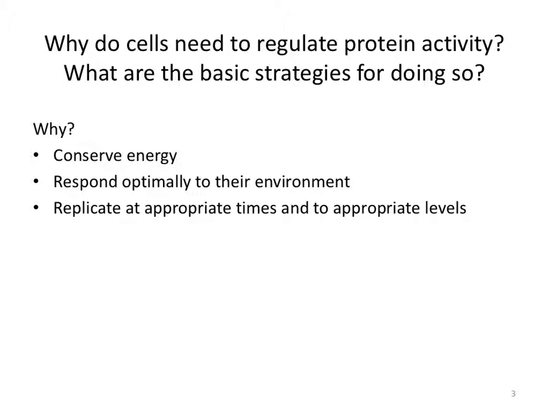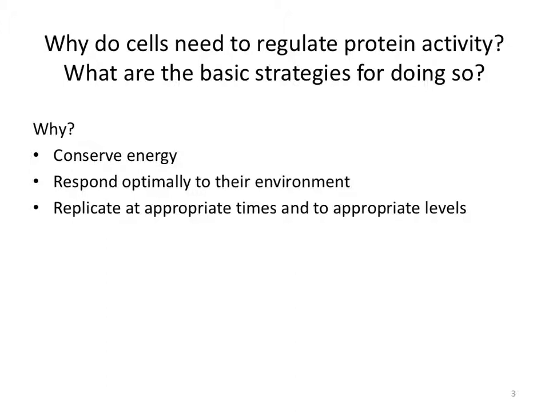The level of activity of enzymes must be carefully regulated, or metabolism will not occur productively, the cell will waste energy, and it will lose the ability to respond appropriately to the environment, including the ability to divide and replicate at the right time and to the right level. This will then compromise the overall survival of the organism under consideration.